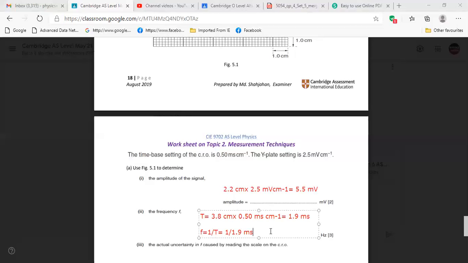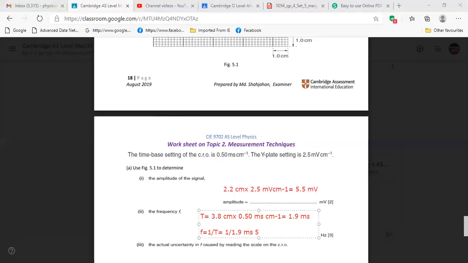Check. When you are writing 1.9 into 10 to the power minus 3, you should give brackets. Otherwise, it will come wrong. It should be 526.